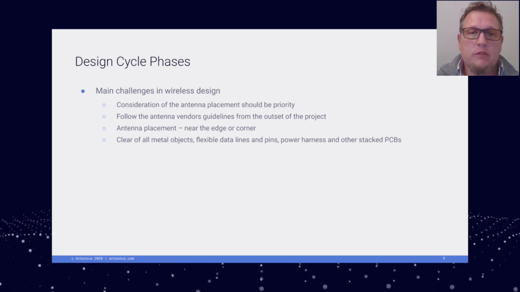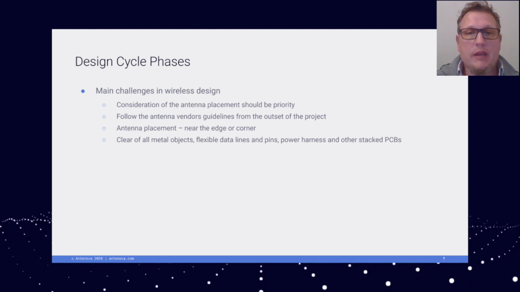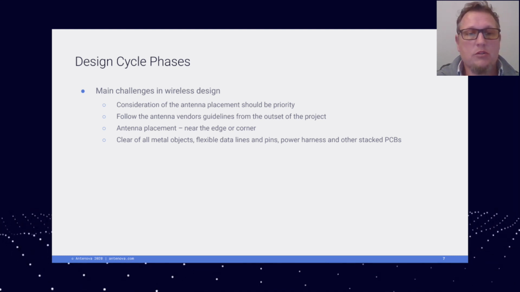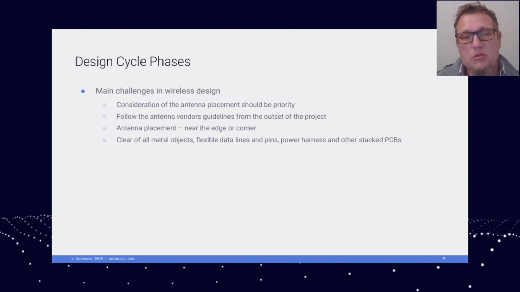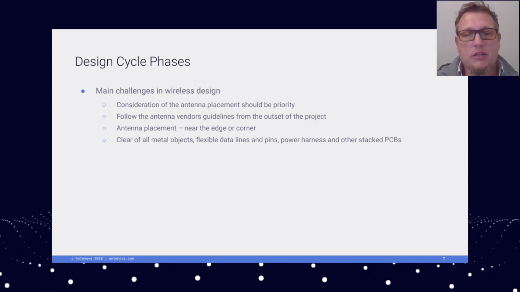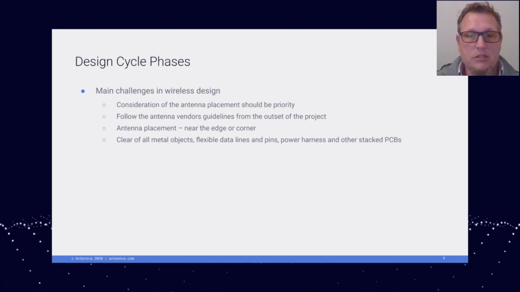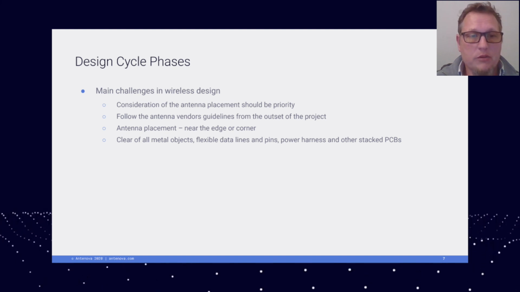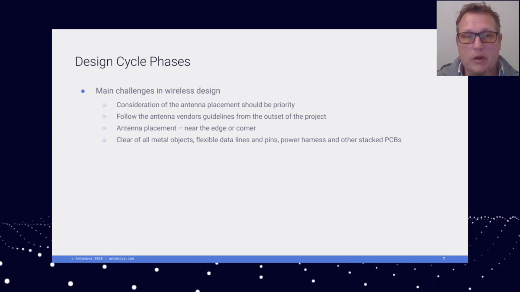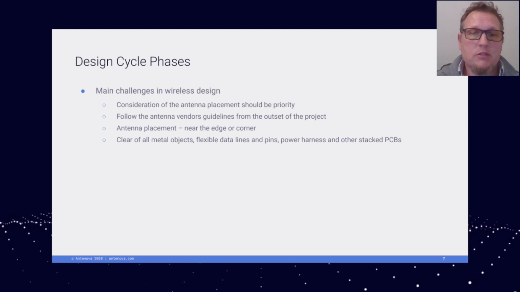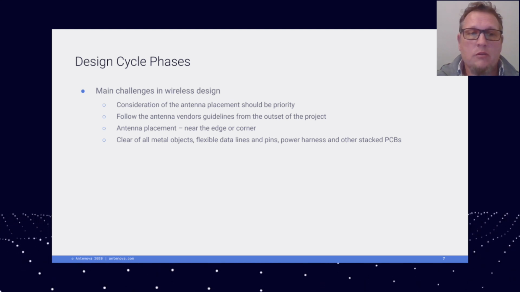Follow the antenna vendor's guidelines from the outset of the project. Once you determine the type of antenna you will use, follow the guidelines listed in the manufacturer's data sheets for ground clearance and ground length required. Antenna placement is also something to consider.